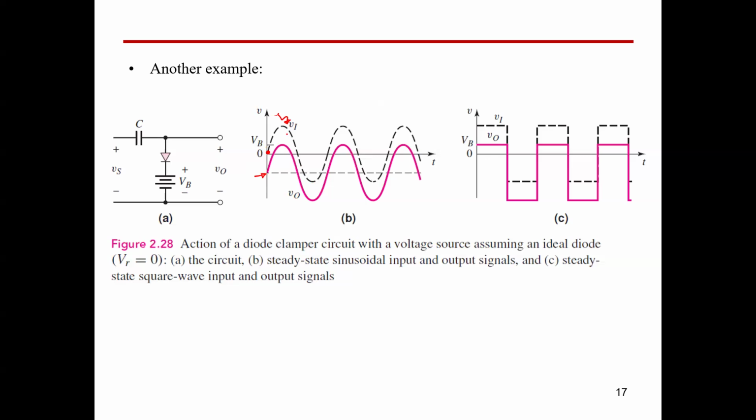This is in case of having a sinusoidal supply. If instead of a sinusoidal supply you have, let's say, a square wave, as you can see here, it will be shifted down by the same magnitude, which is the battery B. By means of the voltage we have here in series with this diode, we will shift the voltage down like that.